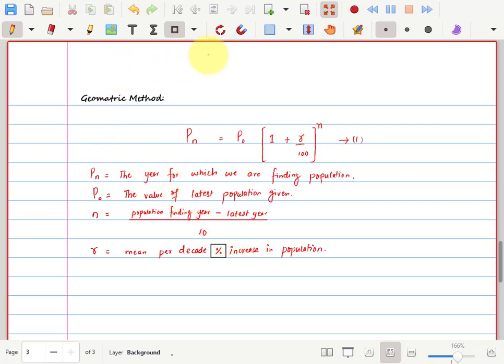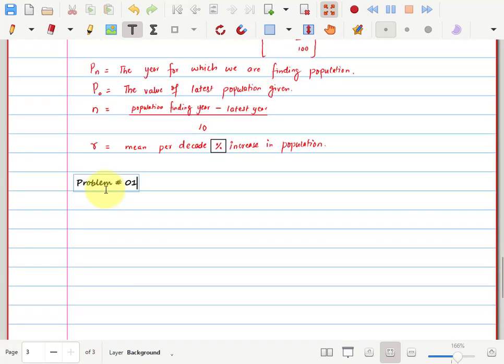So let's try to solve a problem, and we will use this equation. The problem number 1 for the geometric method is, we are given some data, year and population.